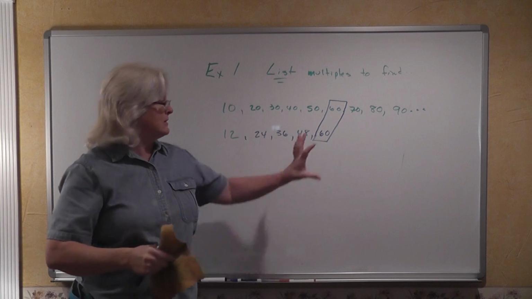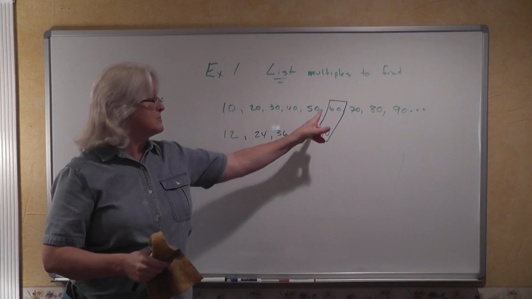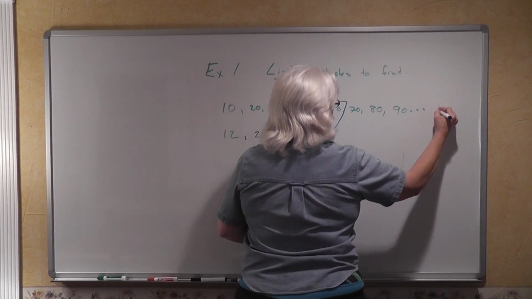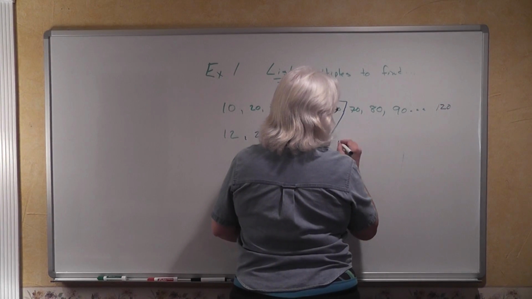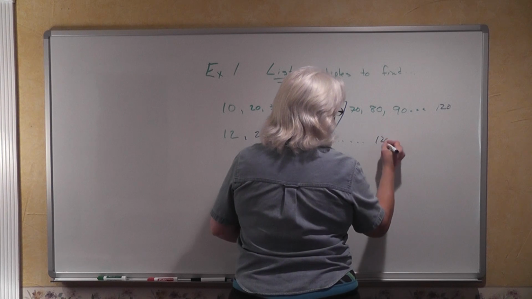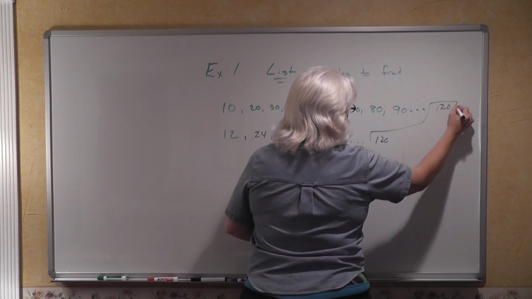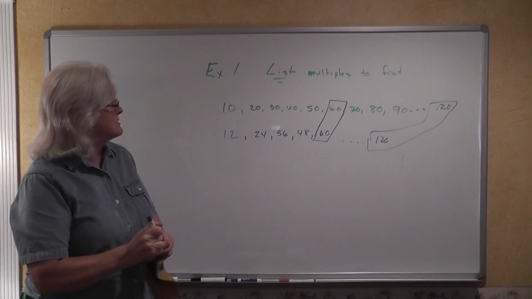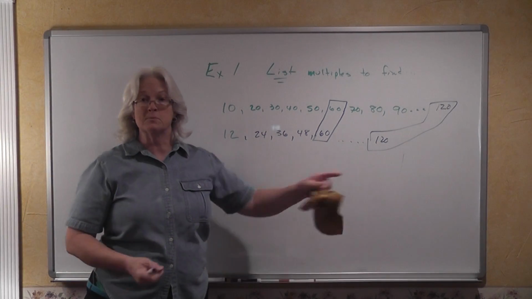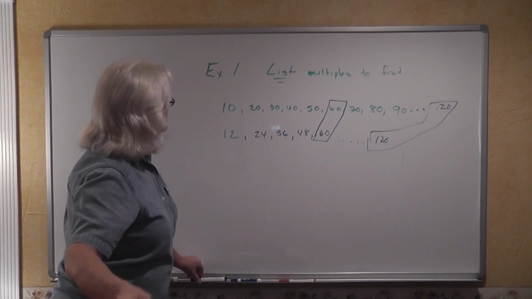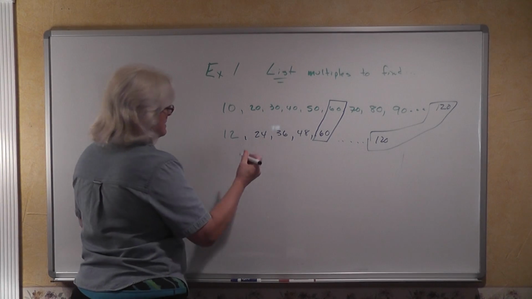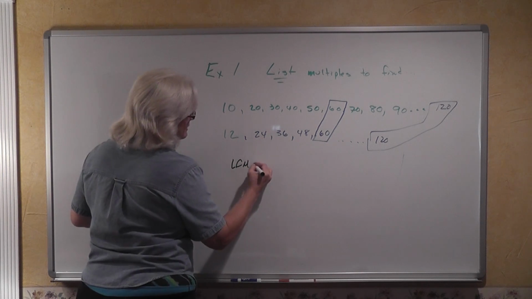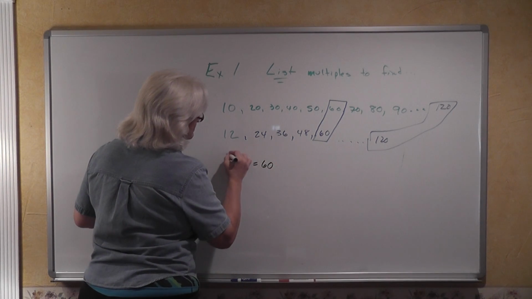And not only is it a multiple of these two numbers, but it's the very smallest one, because the next multiple you're going to have in common is 120. And obviously 60 is smaller than 120. So the least common multiple is equal to 60.